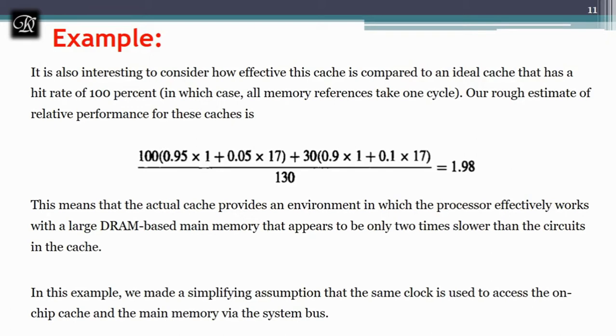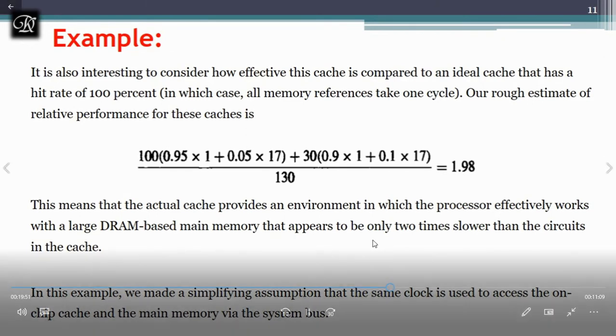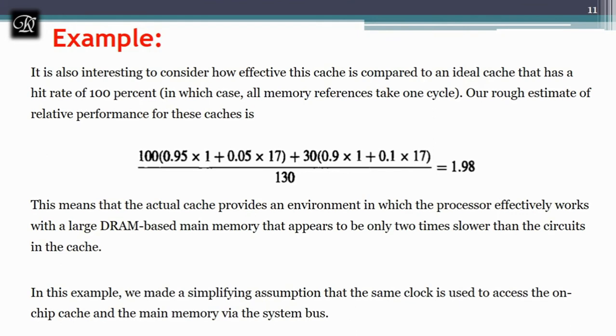So still 1.98. This means that the actual cache provides an environment in which the processor effectively works with a large DRAM-based main memory that appears to be 2 times slower than the circuit in the cache, which is going to work with the processor, which is still slower. So with a cache it is faster.